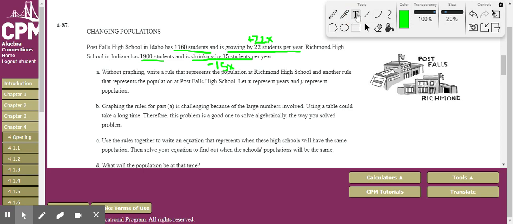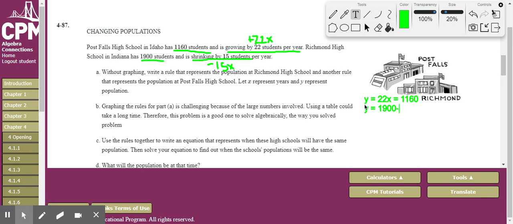So when I write out these equations for Post Falls High School, I'm going to have Y, which is the population, equals 22x, so that's 22 times the number of years, plus 1,160. For Richmond High School, they start with 1,900 students.